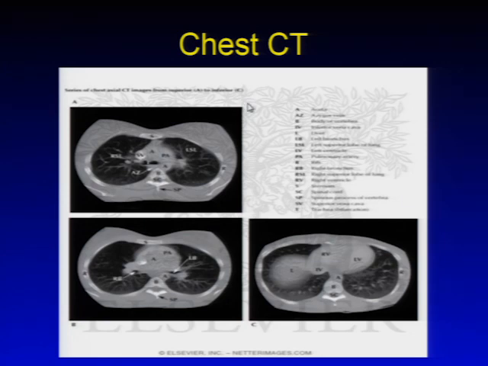Moving along to the CT of the chest, as labeled and provided on the key, you can appreciate the aorta, the left superior lobe of the lung and right superior lobe of the lung, the azygos vein.